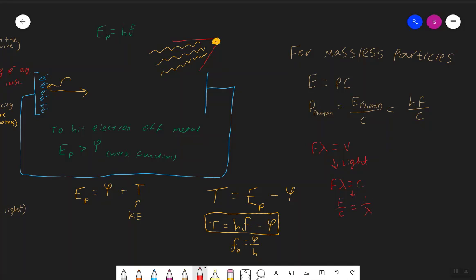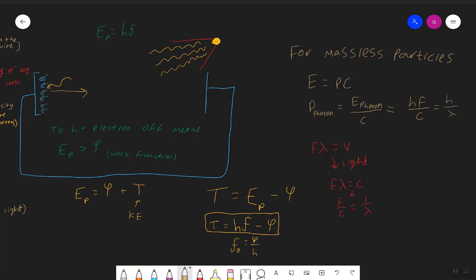So using this, we see that the momentum of a photon is h, Planck's constant, divided by the wavelength of the photon. And so that's going to be important.